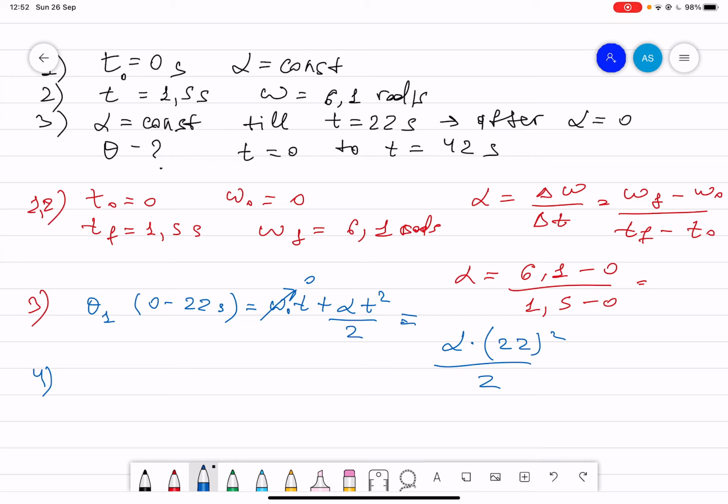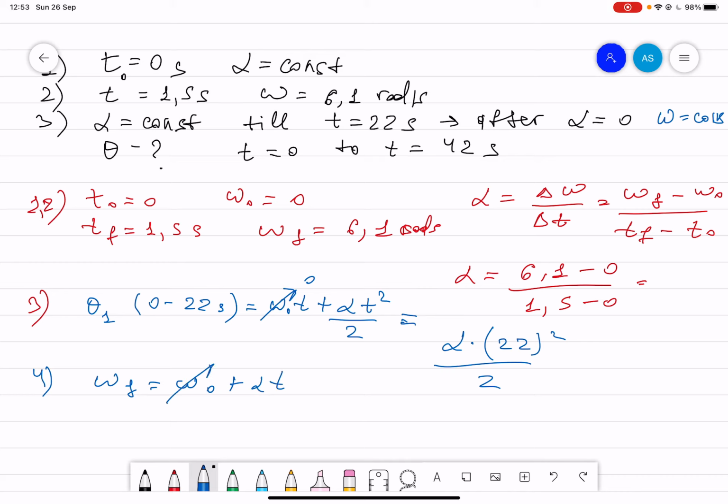after 22 seconds, alpha becomes 0, then our omega becomes constant. That means we have to find the final angular velocity when time is 22 seconds. So how can we find that? We have another formula where omega final is equal to omega initial plus alpha t.